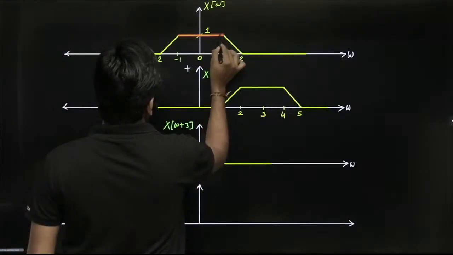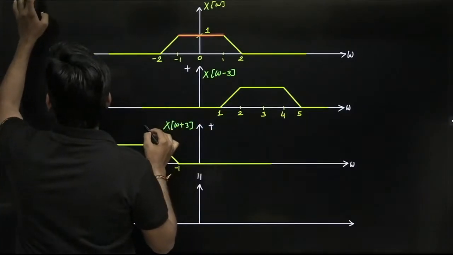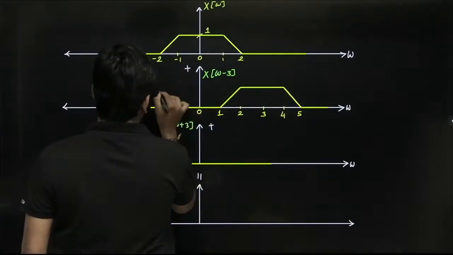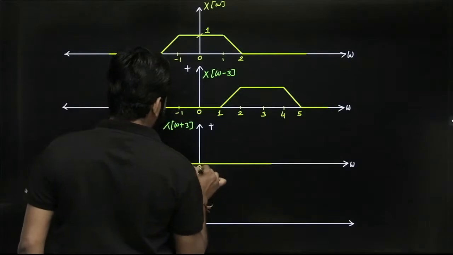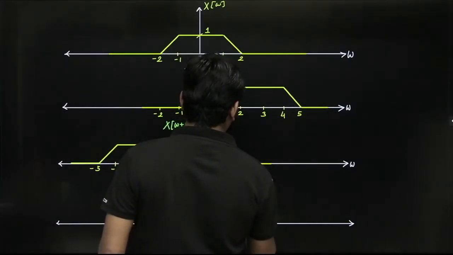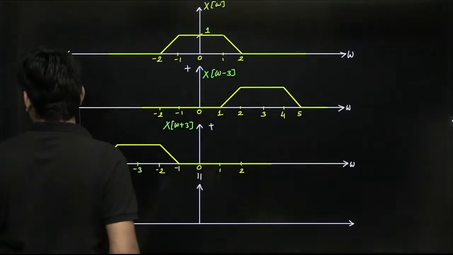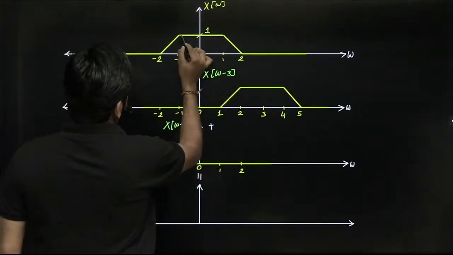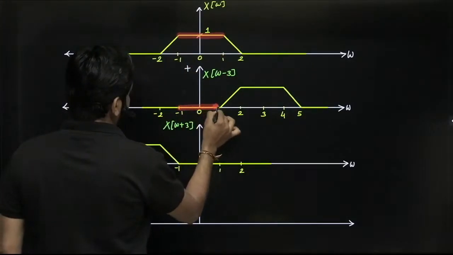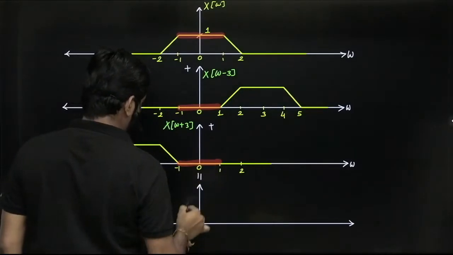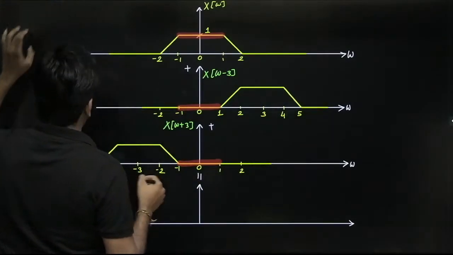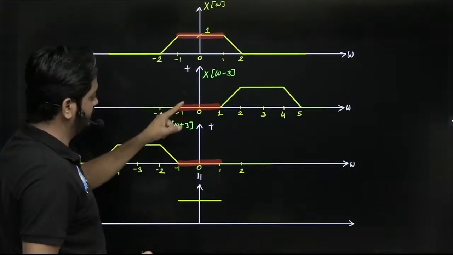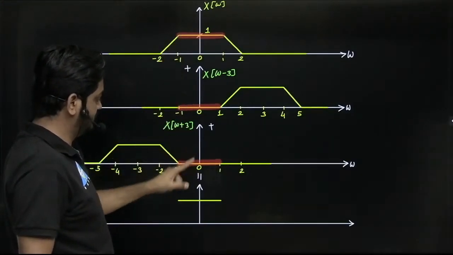Here this is 1, this is 0, and this is 0, guys. So here the total will be 1: 1 plus 0 plus 0, it will be 1.